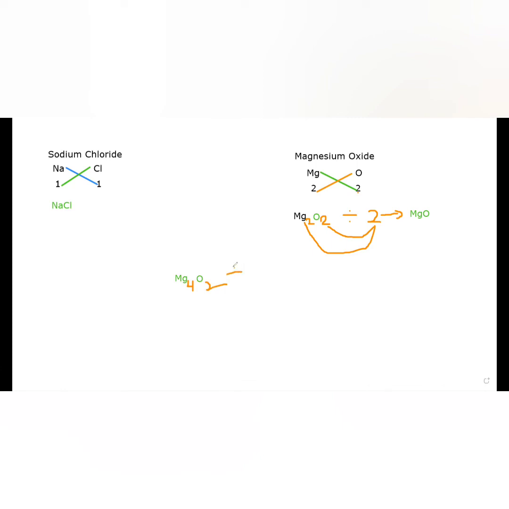Just a hypothetical scenario. The LCM between the two numbers would be 2, the lowest common multiple, so you divide by 2. So you say 2 into 4 is 2. 2 into 2 is 1.